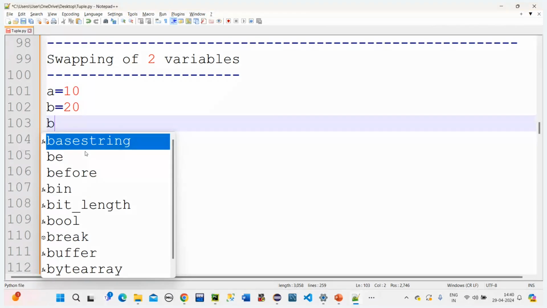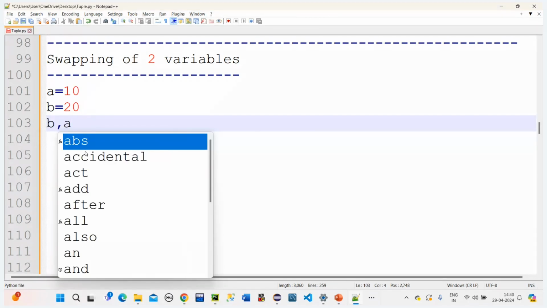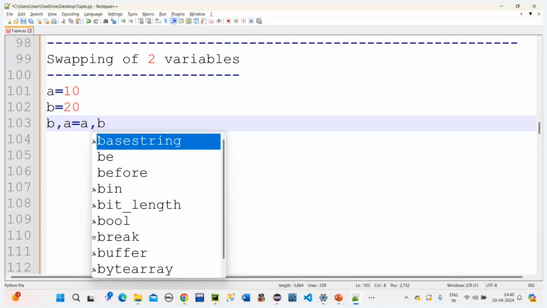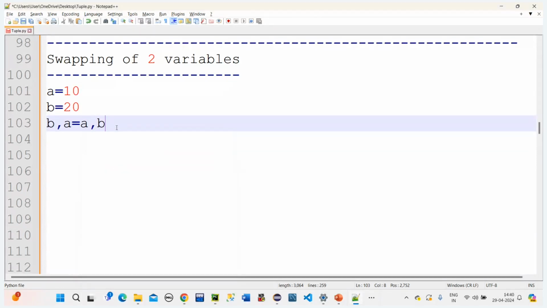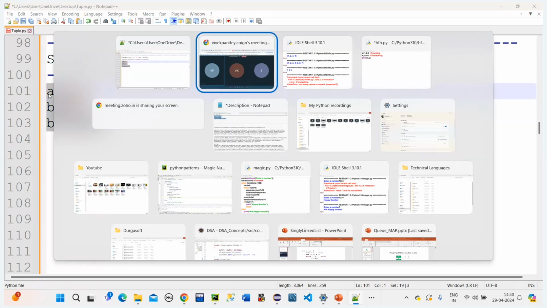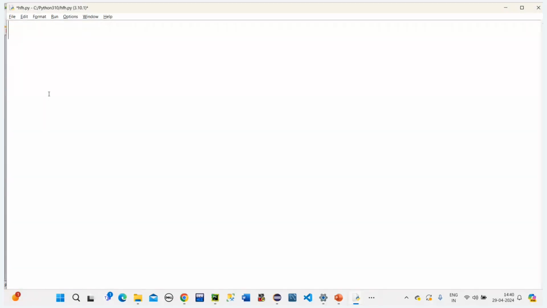So now I'm writing B comma A is equal to A comma B. If I write like this, will it be swapped? Now let's see.